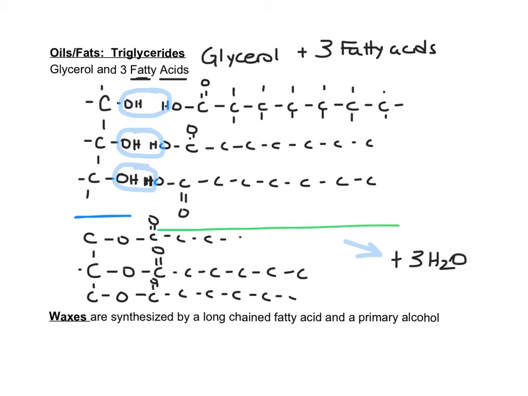C, C, C, C, C. So as you can see, you have a newly formed molecule with the 3. Do not forget you have formed 3 water molecules. Now, the bottom here it says waxes are synthesized by a long chain fatty acid and a primary alcohol. Don't worry about that. We're not going to ask you to form that in this class.